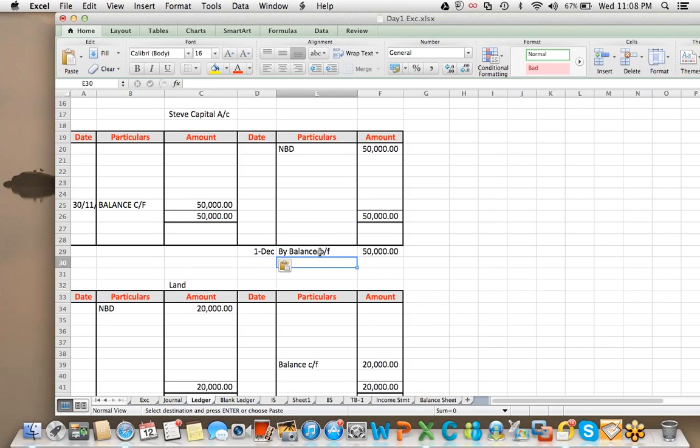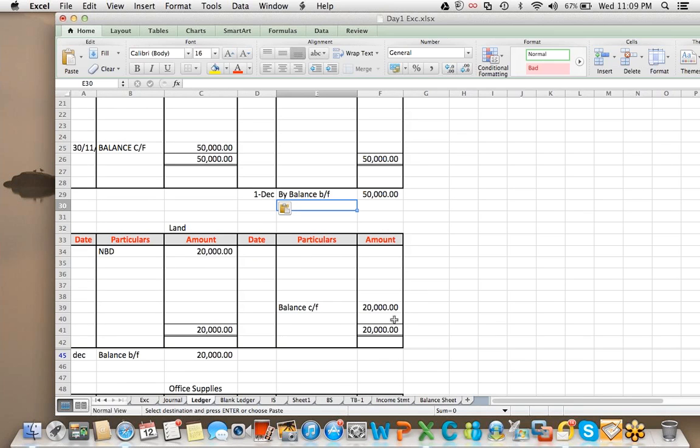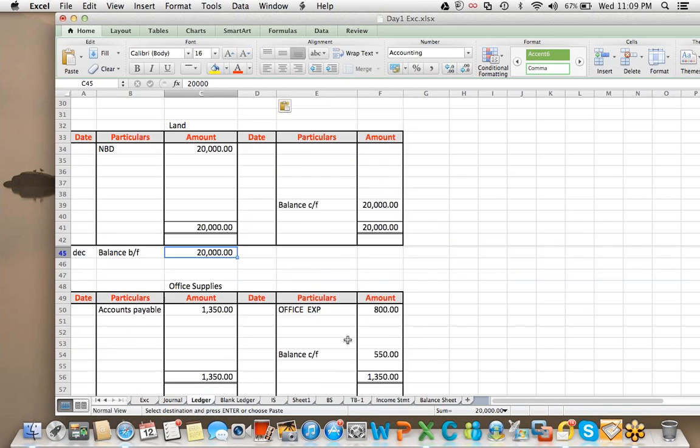The same way here as well: land account 20,000, here 20,000, carry down 20,000. Say for example, if I sell a piece of land for 5,000, here I should write bank 5,000, and I'll have a closing balance of 15,000. 15,000 will be the opening balance. Is it clear, Anish?